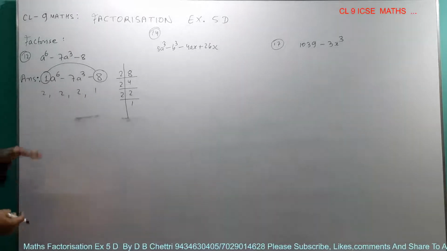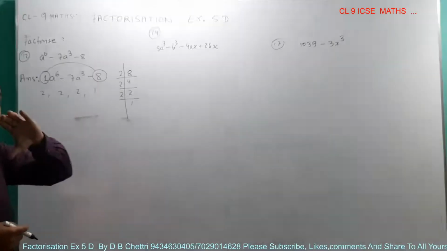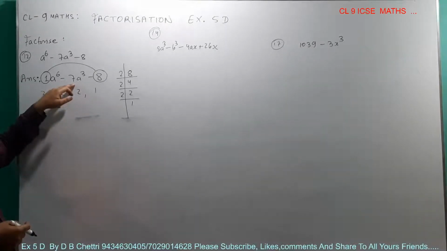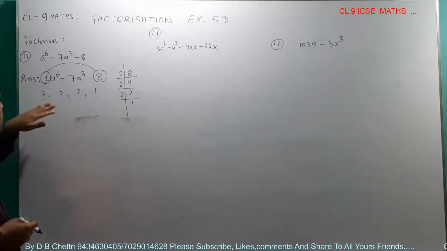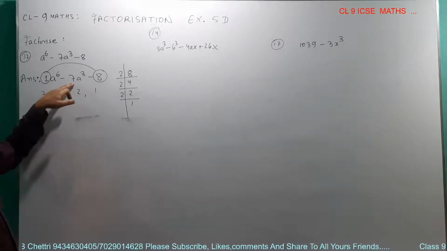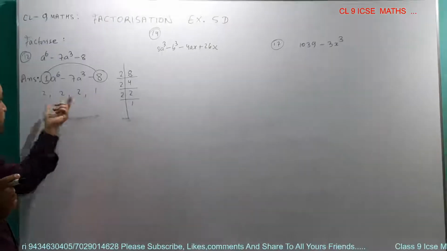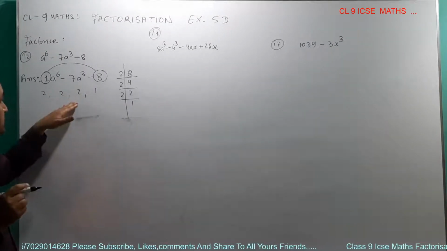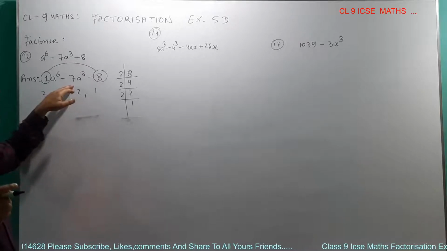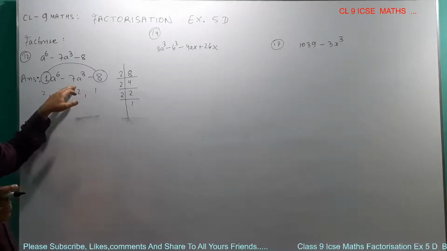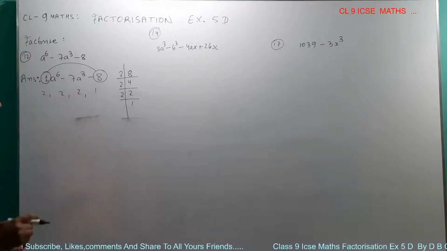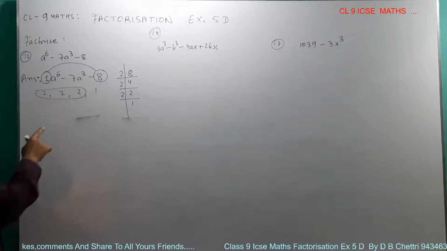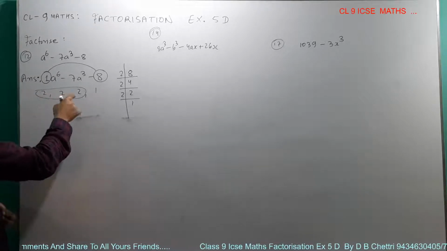Out of these factors, we will make two numbers whose difference or sum must be the coefficient of the middle term, which is 7. We have to utilize all the factors. Let's take these three 2s together: 2 twos are 4, 4 twos are 8.